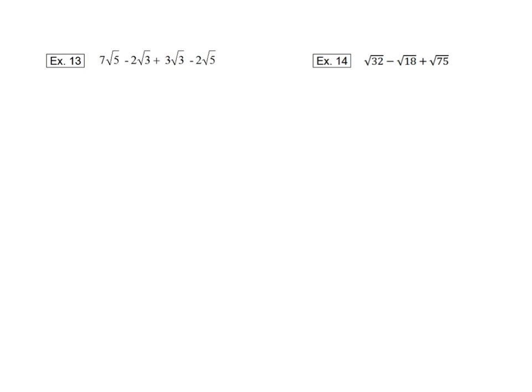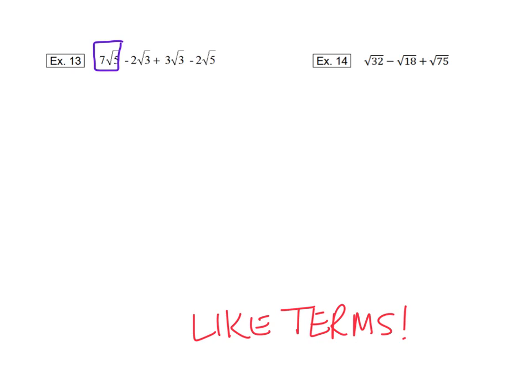All right, these last two examples have to do with adding and subtracting radicals. So when you're adding and subtracting radicals, you want to think about like terms. Just like an x can only be added with an x, a radical can only be added with the exact same radical. So do you see how this has a square root of 5? This is a square root of 3, square root of 3, square root of 5. So I'm going to combine these square roots of 5 together because those are like terms.